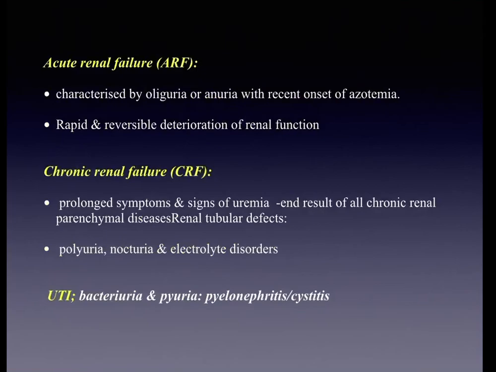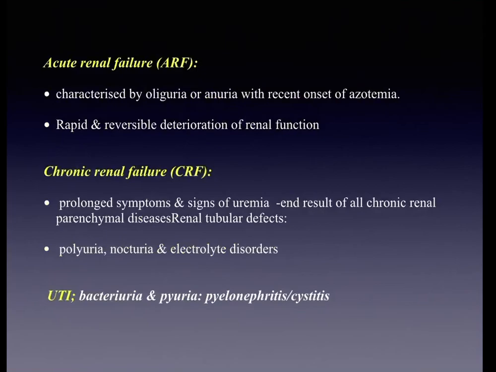The other three manifestations are: one is acute renal failure, which is characterized by oliguria or anuria with recent onset of azotemia, and this is a rapid and reversible deterioration of renal function. Whereas chronic renal failure is associated with prolonged symptoms and signs of uremia, which is an end result of most of the chronic renal parenchymal diseases and tubular defects.